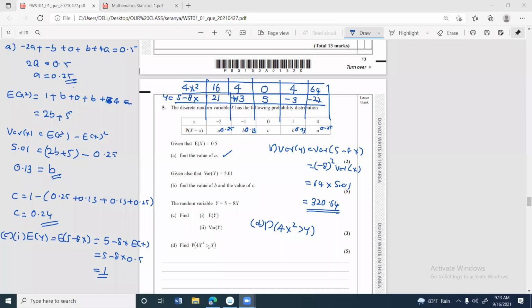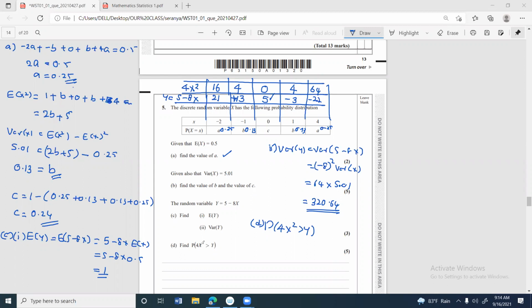Now see which elements have 4x squared bigger than y. That means this value should be bigger than this. It's not bigger here, y is bigger. So here it's bigger. If I put it here, 4x squared should be greater than y. Yes.